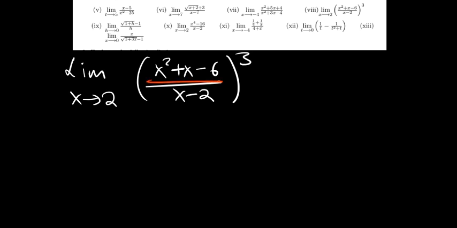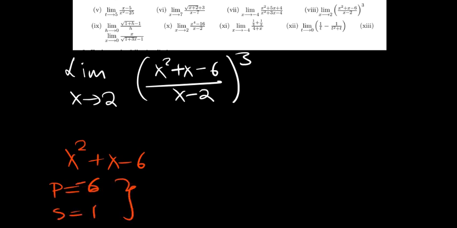So looking at what we have on top, we have a quadratic, so we should be able to factorize that. x squared plus x minus 6. The product here is negative 6. The sum is 1. What two numbers can you multiply to give you negative 6 and add to give you 1? Should be a 3 and a 2.